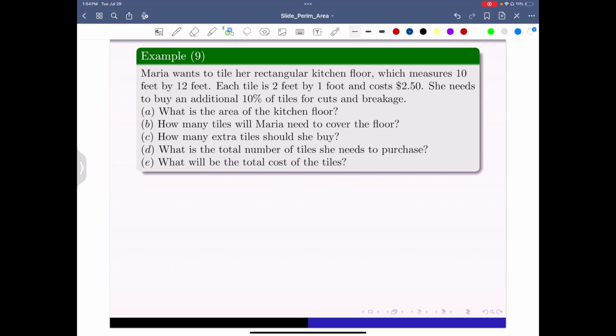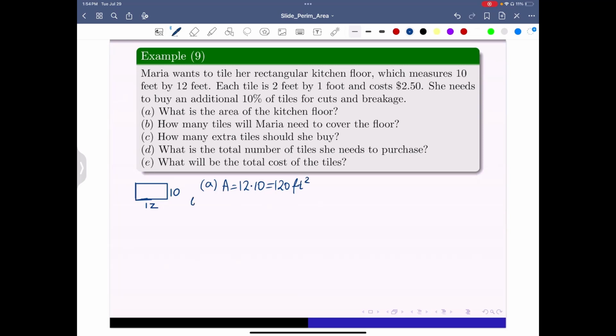We have a rectangular floor. We have 12 feet by 10. So part A, what is the area of the kitchen floor? Area is 12 times 10, which is 120 square feet.